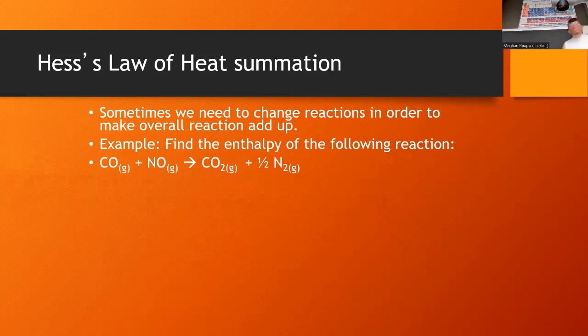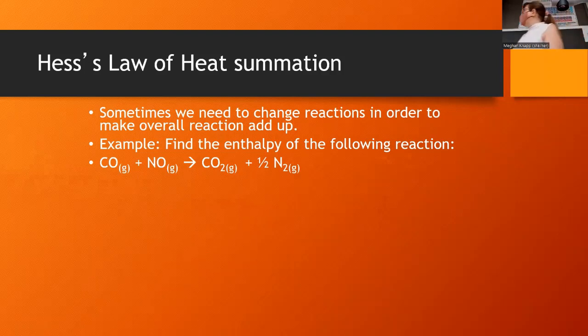All right, so that one was easy enough because the equations were all primed to be in the right direction. But sometimes we need to change that reaction, what the equation looks like, in order to make the overall reactions add up. So let's say we're trying to find the enthalpy for this reaction.